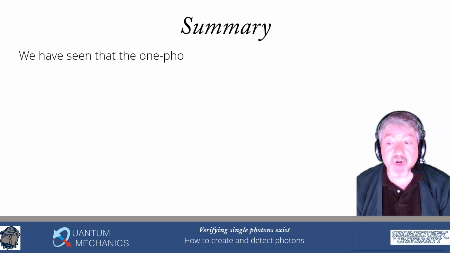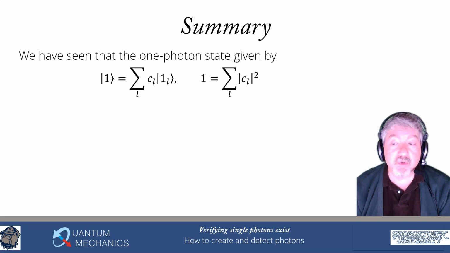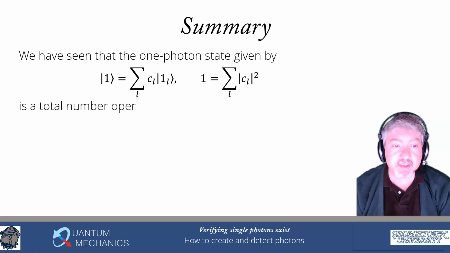All right, so let me summarize this. This is really telling you what a photon is. We have seen that the single photon state is given by this wave packet expressed in terms of these coefficients CL, where they're normalized: 1 is equal to the sum over L of CL squared. This is a total number eigenstate.